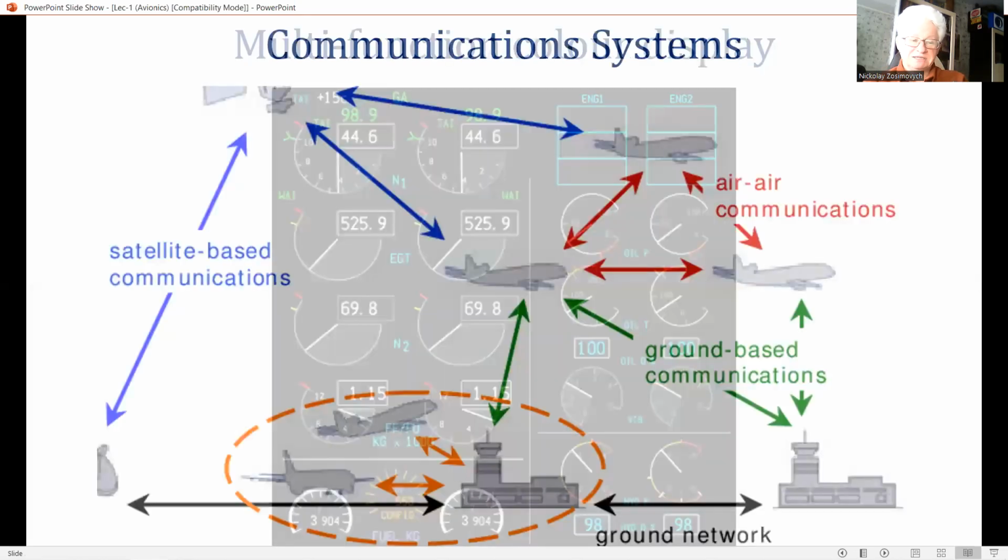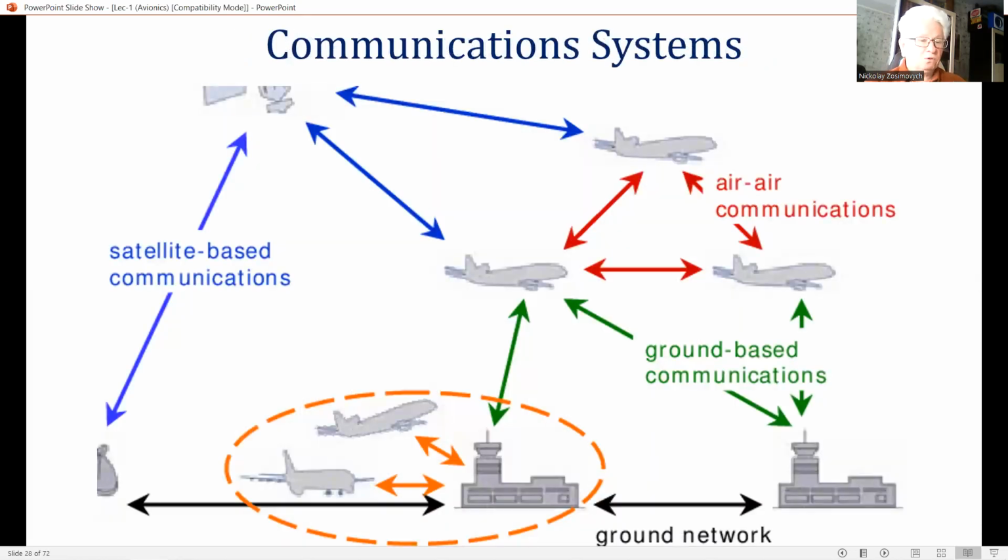The communication systems play a vital role. The need for reliable two-way communication between the ground bases and the aircraft, or between aircraft, is self-evident and is essential for air traffic control. A radio transmitter and receiver was in fact the first avionics system to be installed in an aircraft and goes back as far as 1909 at the Marconi company.